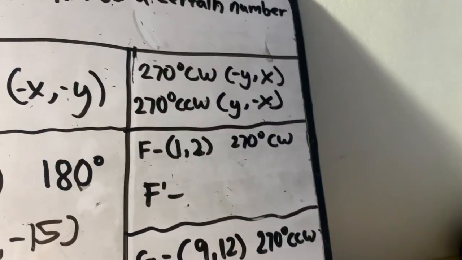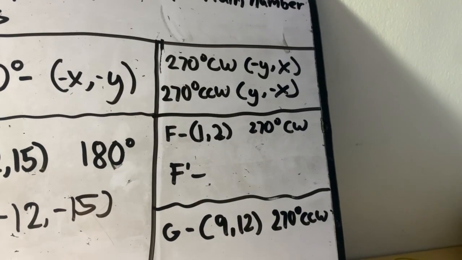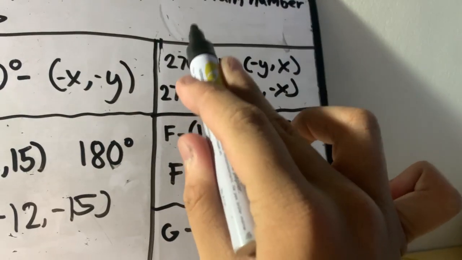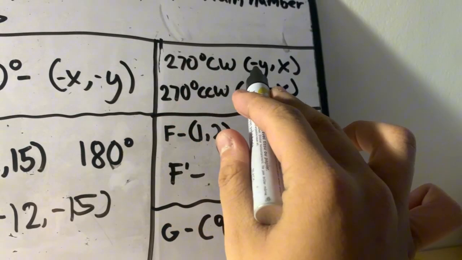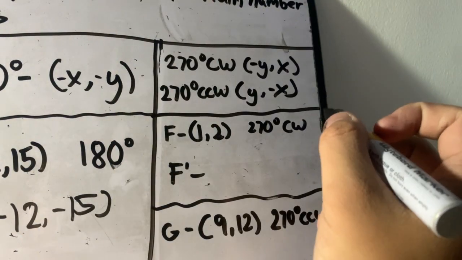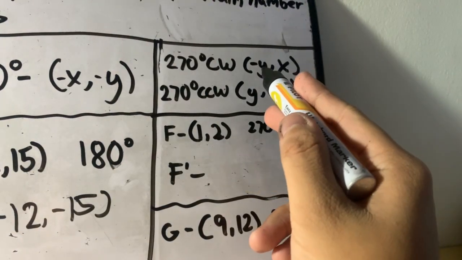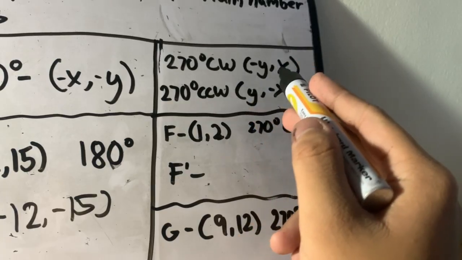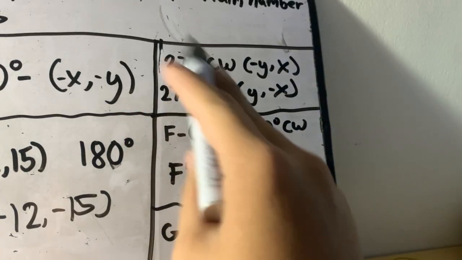So now we have 270. So this is basically 90 degrees, but the other side, so it's times 3. So 270 clockwise is now basically 90 degrees counterclockwise. So ngayon, magiging negative y and x sa clockwise ng 270. You see the difference na?